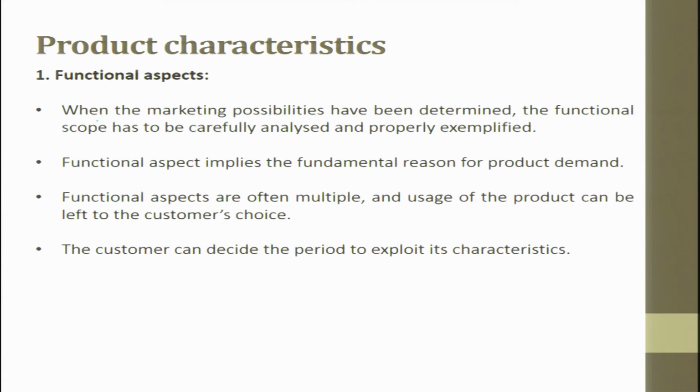Functional aspect. When the marketing possibility has been determined, the functional scope has to be carefully analyzed and properly exemplified. That means to say it has to be clearly specified. Functional aspect implies the fundamental reason for product demand.